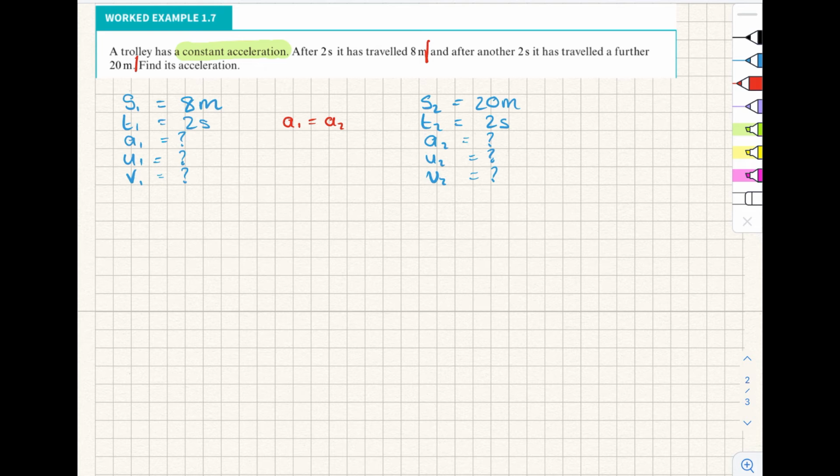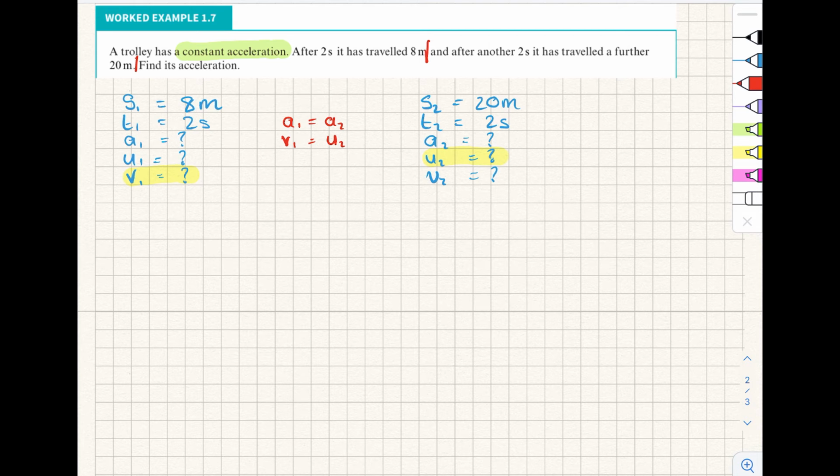Because these events are happening directly after each other, we can say that the final velocity for the first portion, right, is just exactly the same as the initial velocity for the second part. So V1 is equal to U2. And the initial and final velocity of the 2 separate ones, they are unfortunately not related.